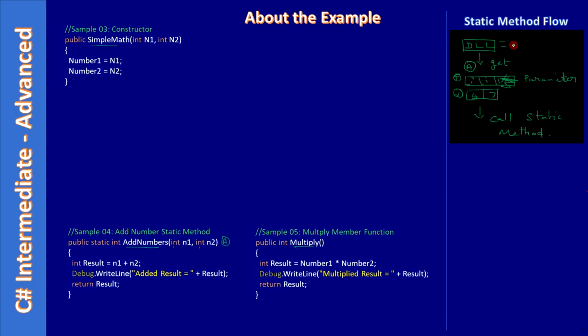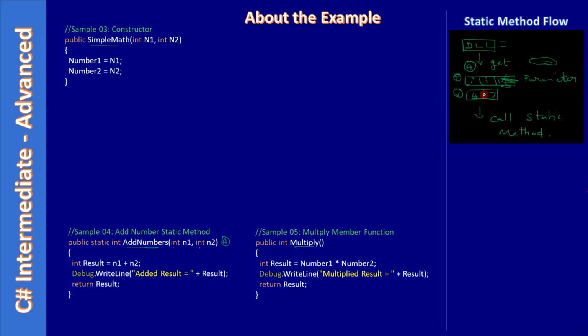Once again, I will repeat. You will get the path to the DLL and you will load it. You will be getting the assembly instance. From the assembly instance, we will get the method name, add number. So we will be having the method info instance, and we will see all this when we go to the specific example. After that, we will pack the parameter types in terms of an array, a type array we can say.